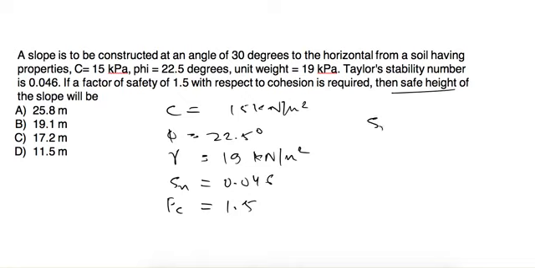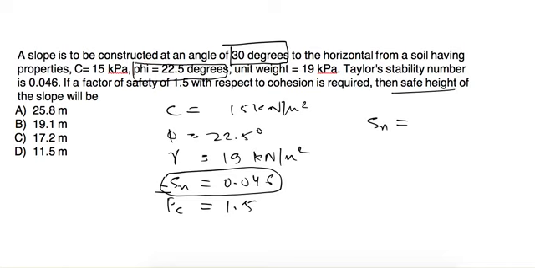We can simply put this in the formula Sn is equal to C upon factor of safety times gamma h. Here we don't have to use the chart, since the stability number is found using the angle of slope and the angle of internal friction, but we will be given this value directly.